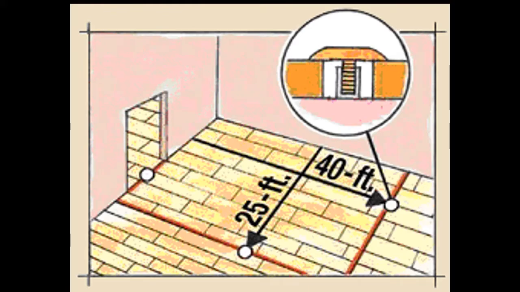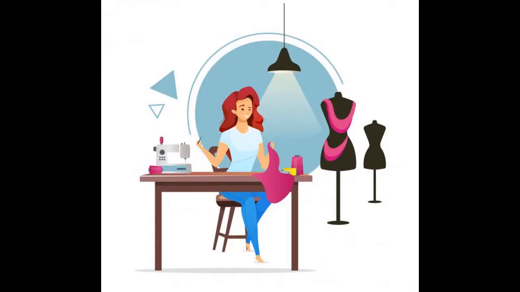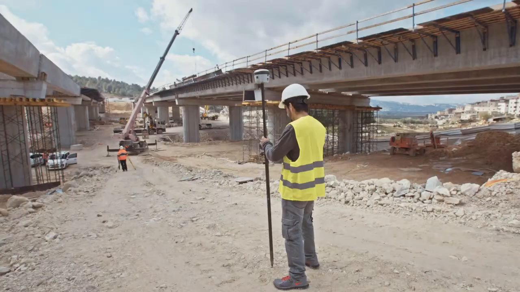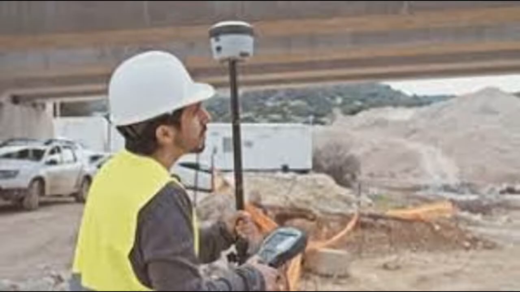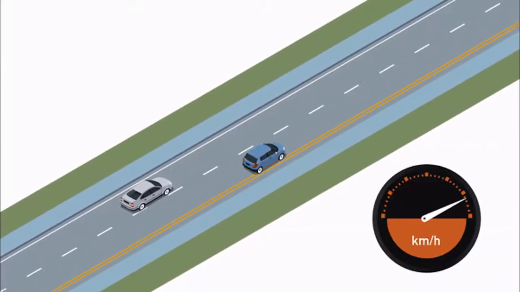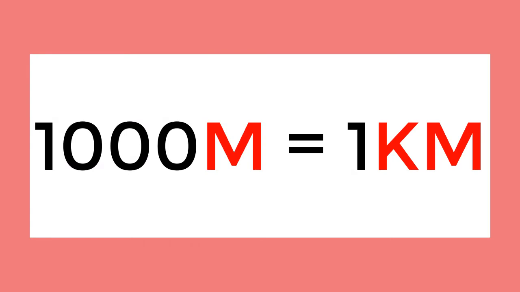We measure the length of a room, pieces of cloth, etc. in meters. And we measure distances between places, lengths of roads in kilometers. 1000 meters make 1 kilometer.